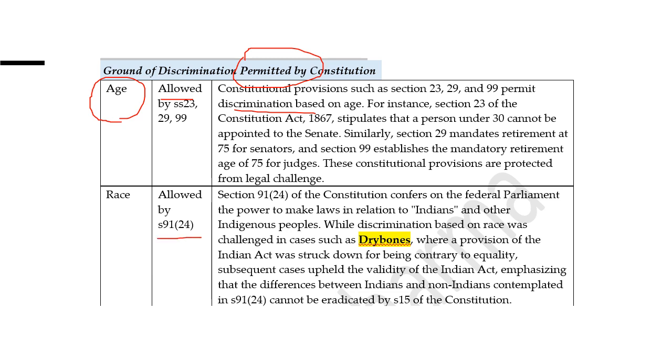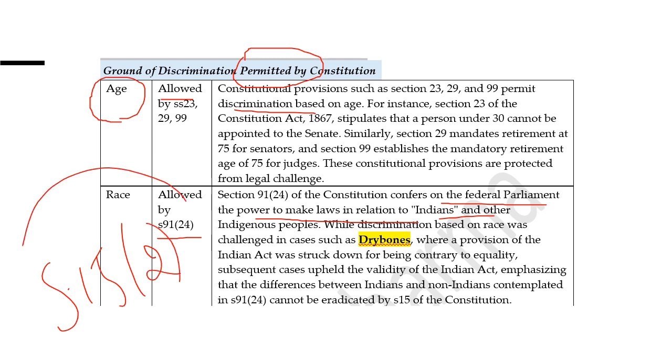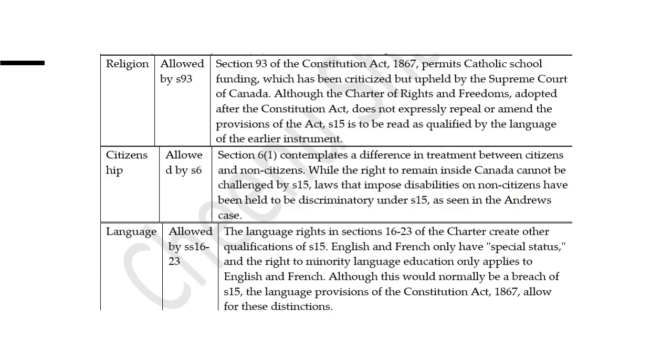Then race, allowed by section 91(24), which confers on the federal parliament the power to make laws for Indians and other indigenous people. So under section 91(24) discrimination is allowed, which is protected under section 15 subsection 2 because the purpose is ameliorative. Then religion, section 93, which permits Catholic school funding, which has been criticized but upheld by the Supreme Court of Canada. Again, 15 subsection 2 protects this.